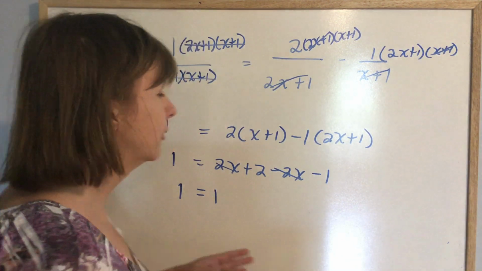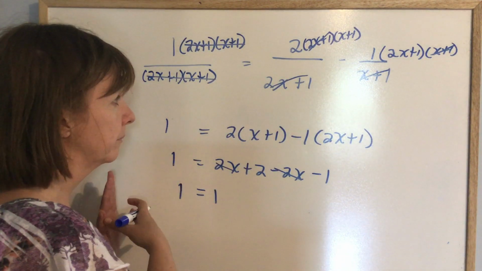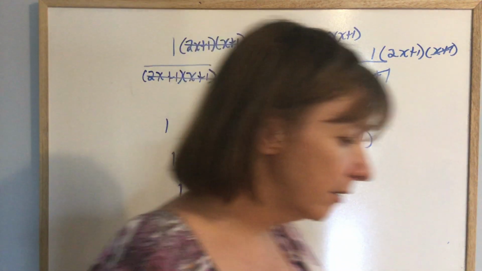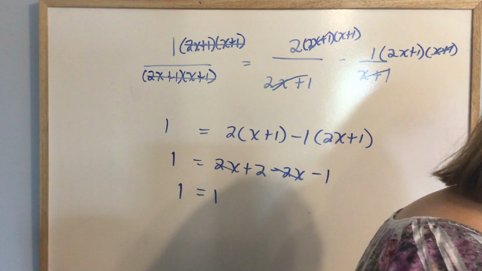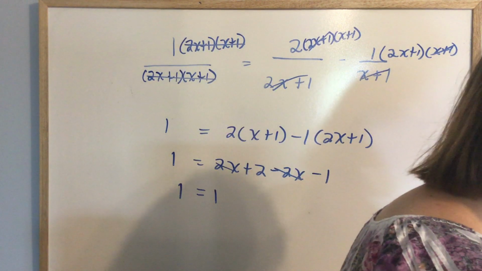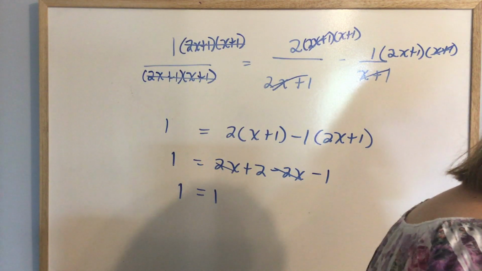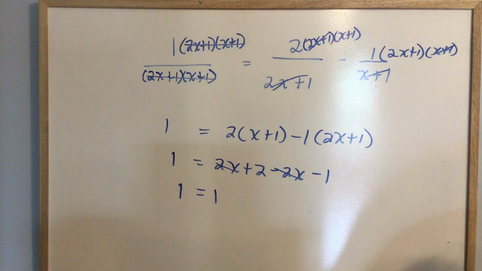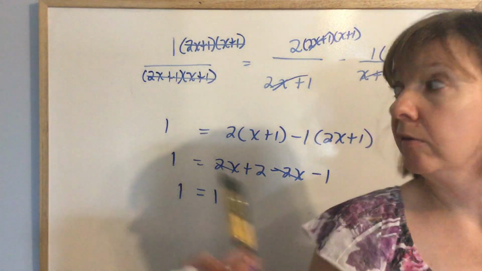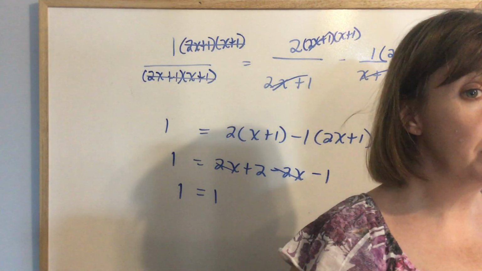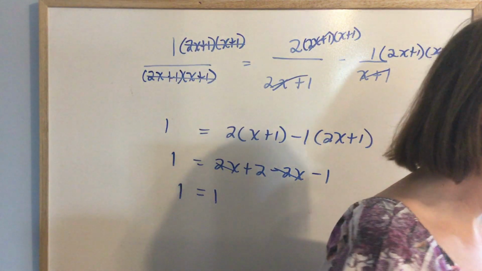9 times out of 10, you're going to end up with x equals something. In this case, I ended up with 1 is equal to 1, which is a true statement, which basically means that any number I put in there would work. Because this statement did work out to be true, everything would work.